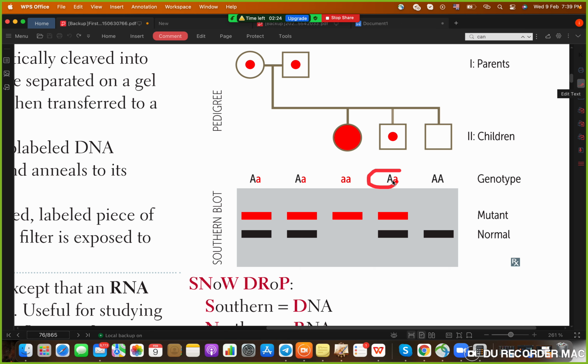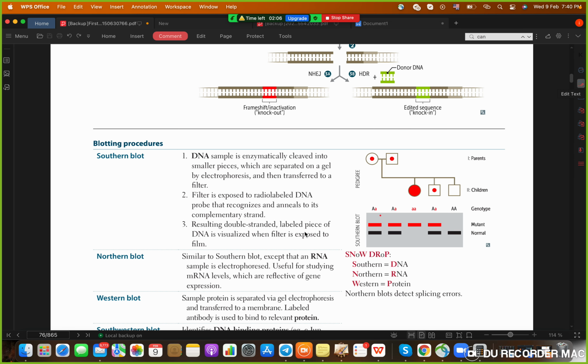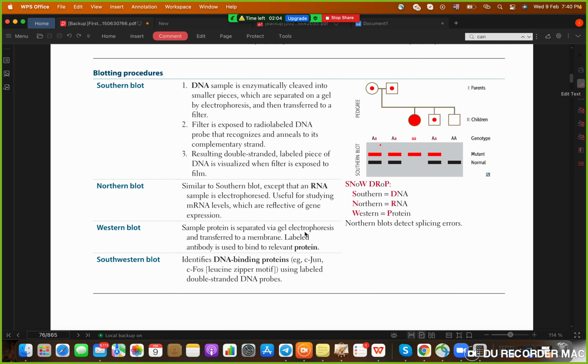This one has both sick and healthy. This one only has the sick, so she's going to get the actual disease. This one is a carrier because he has both the mutant and the normal, and this one is a carrier because it has both the mutant and the normal. So the Southern blot can help us check the chance of getting the disease in our children.